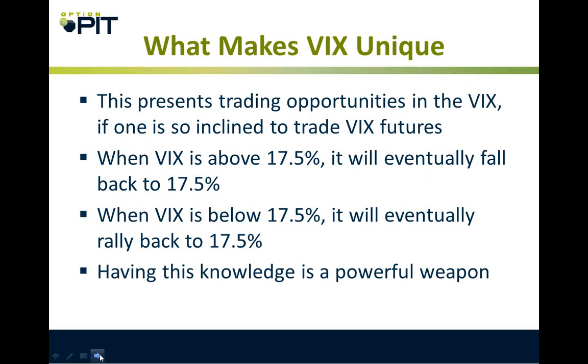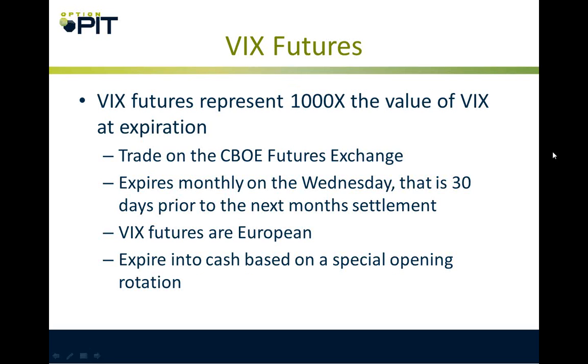Now let's talk about the VIX futures. One reason why people like the VIX futures is the tick size. VIX futures represent 1,000 times the value of VIX at expiration, and they tick in nickels.